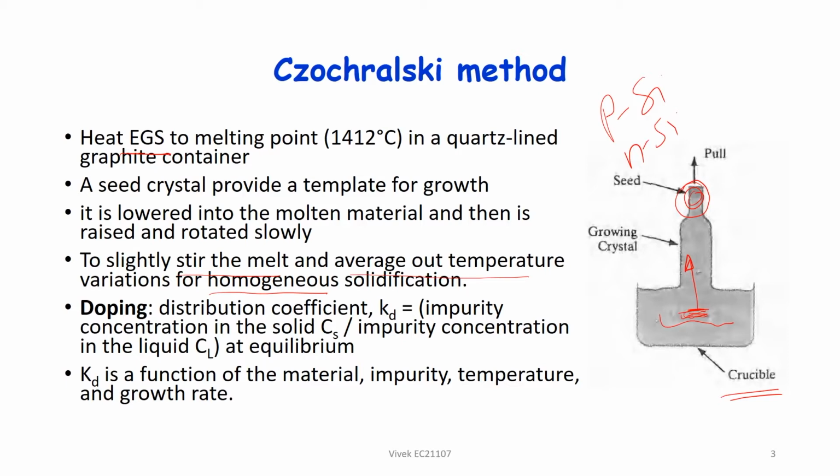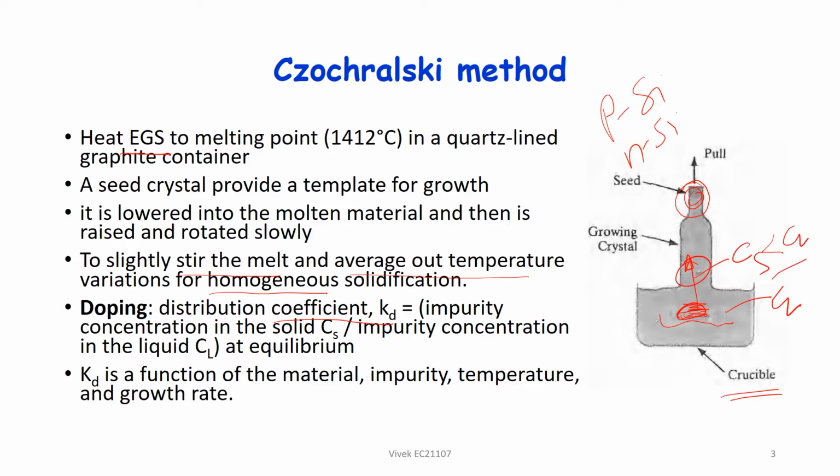There is a coefficient called the distribution coefficient, Kd, which is basically the ratio of impurity concentration in solid divided by impurity concentration in liquid. So while it is solidifying, in this solid that is solidifying here, impurity concentration is Cs, here it is Cl. Now of course Cs will be less than Cl, right?